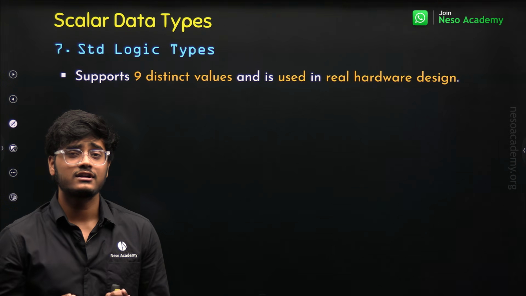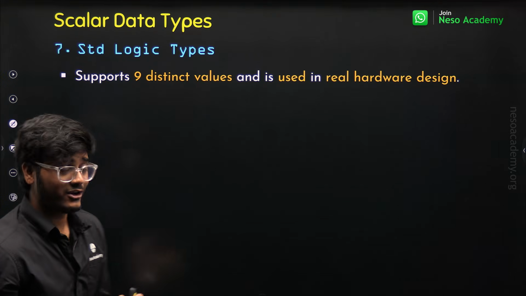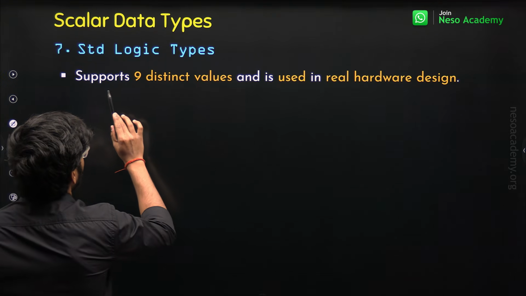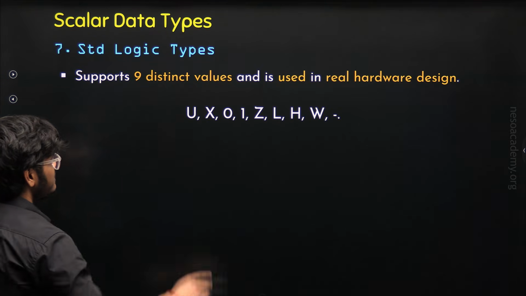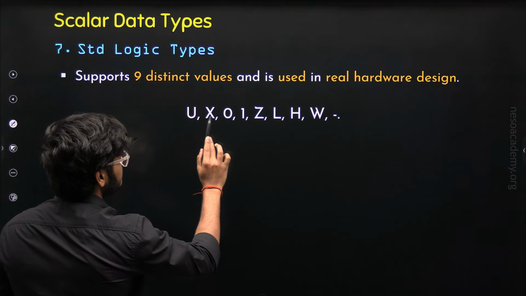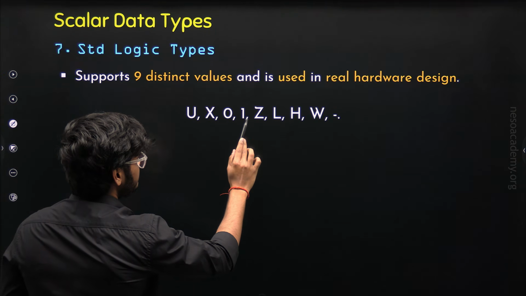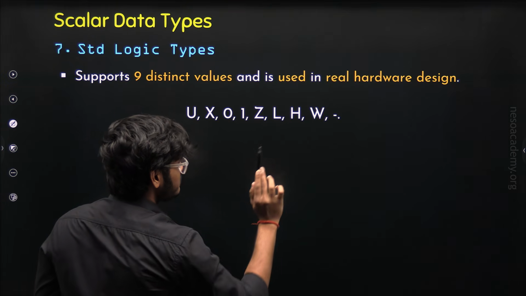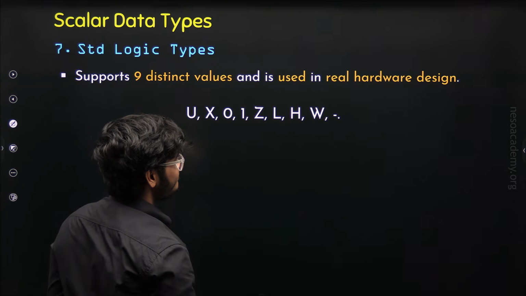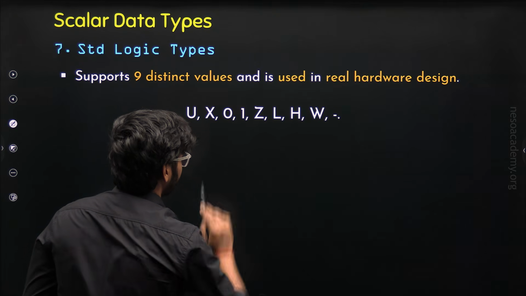Therefore, we use standard logic because standard logic type supports 9 distinct values, and the 9 distinct values are U, X, 0, 1, Z, W, L, H, and hyphen. Let's understand each of them.